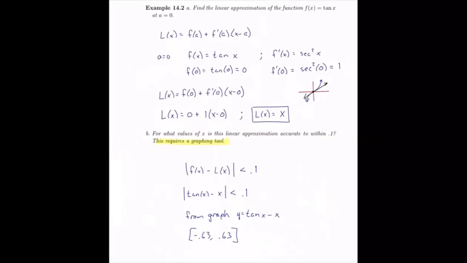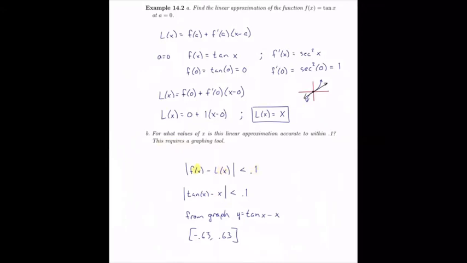This requires a graphing tool. I think this is probably best done with a graphing tool. Otherwise, we have to solve an equation like this, and that really takes another method of approximation that we'll learn later on. So what we're asking is this: when is the function itself no different from the linearization by 0.1?